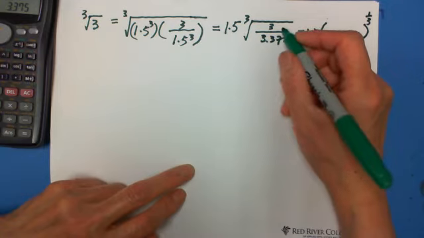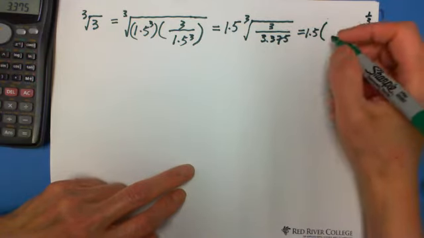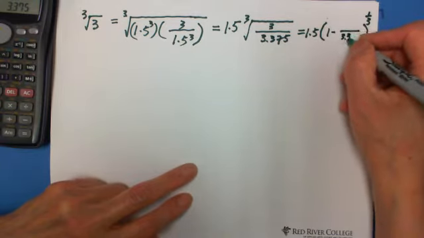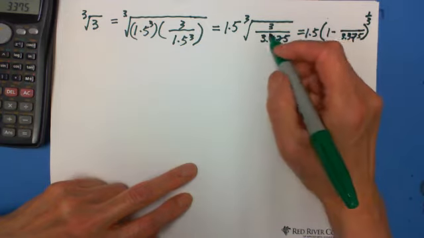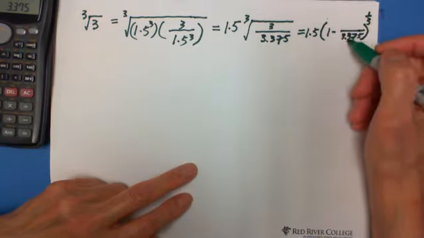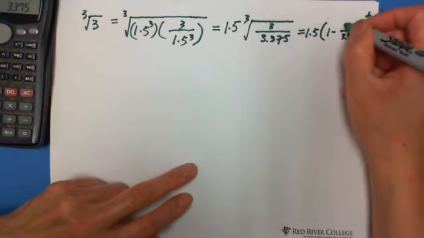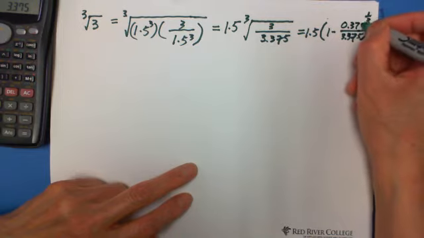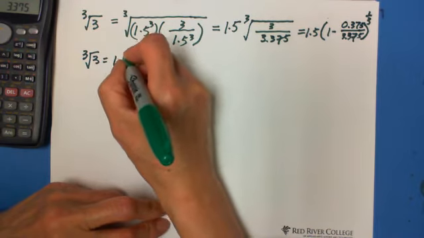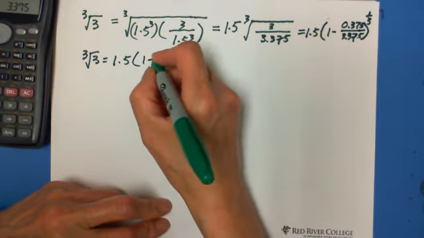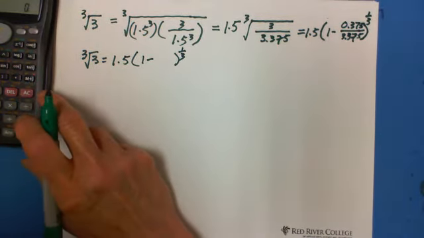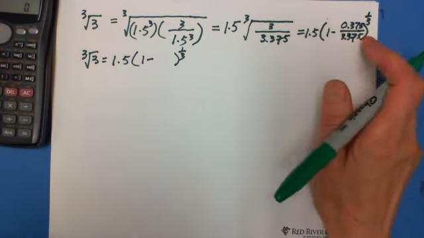Here, we can write 1 minus, and the numerator is also 3.375 minus 3, which is 0.375, right? Then we can write the cube root of 3 equal to 1.5 multiplied by 1 minus this to the 1/3 exponent. So we can convert this fraction into simplified form.